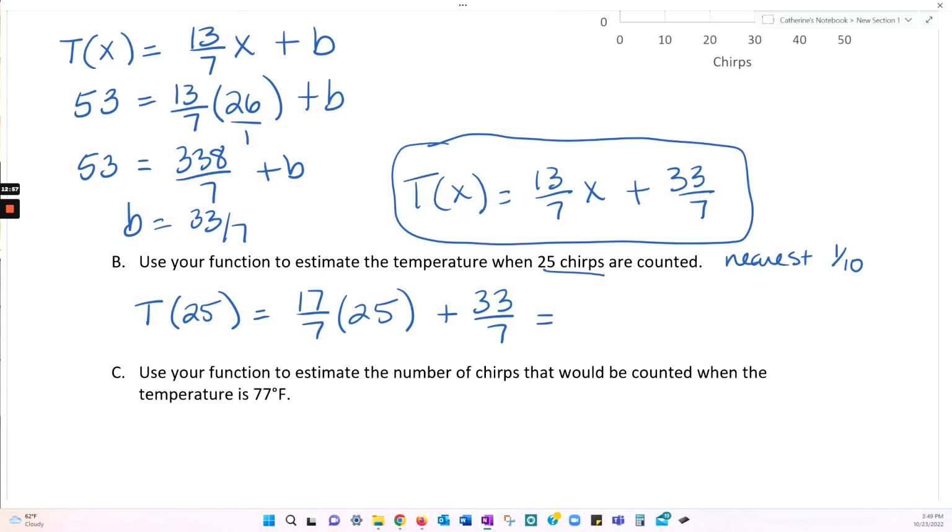That's supposed to be a 13. Okay. 13 divided by 7 times 25 plus 33 divided by 7. 51.142 and so on. So about 51.1 degrees Fahrenheit.